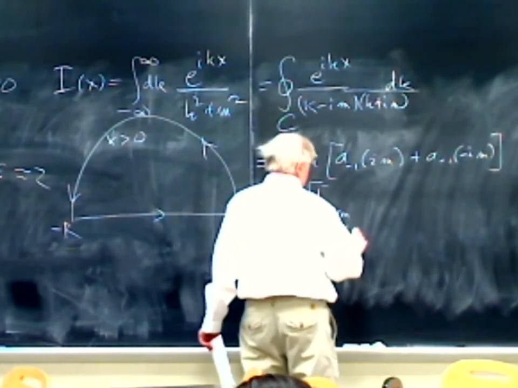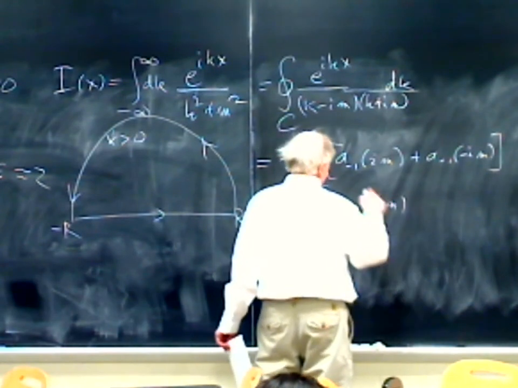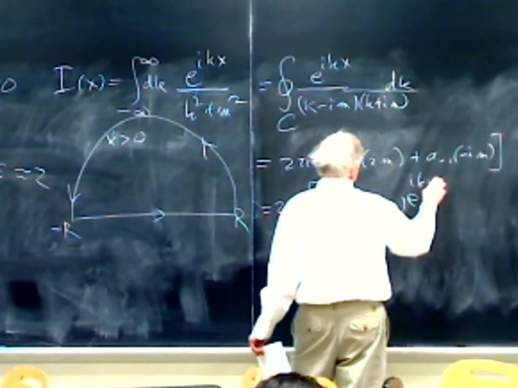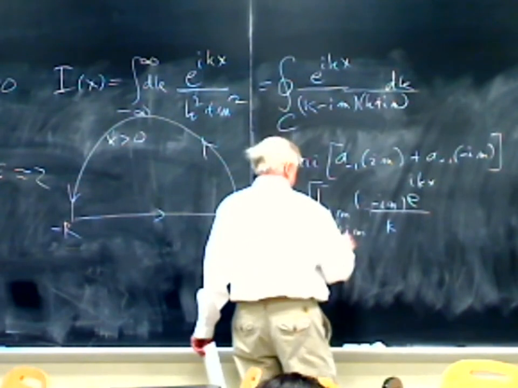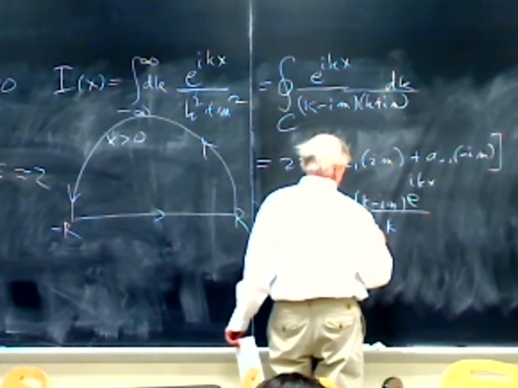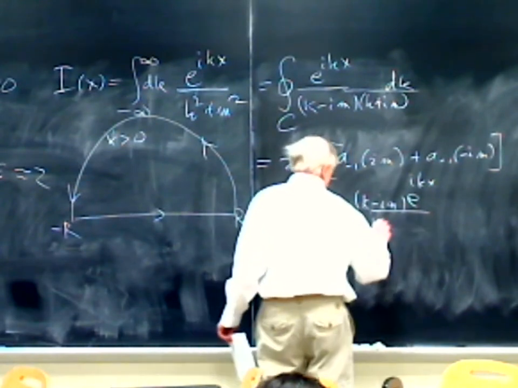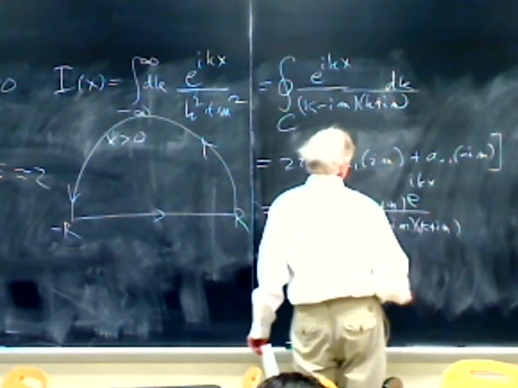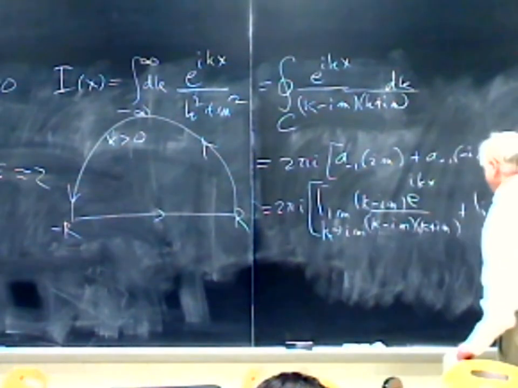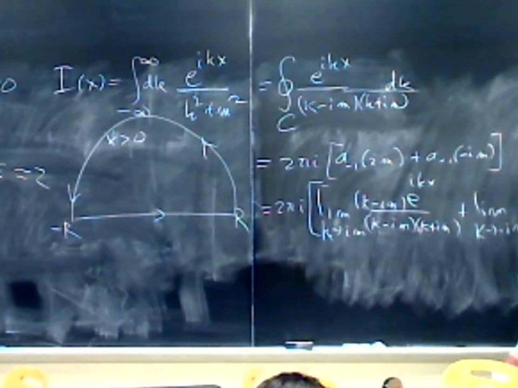The limit as k goes to im of (k minus im) times e^(ikx) over (k minus im)(k plus im), k is the complex variable, plus the limit as k goes to minus im of (k plus im) over (k minus im)(k plus im) e^(ikx).